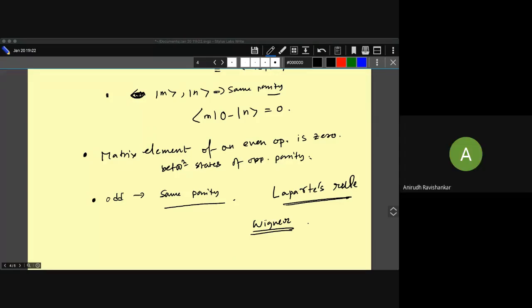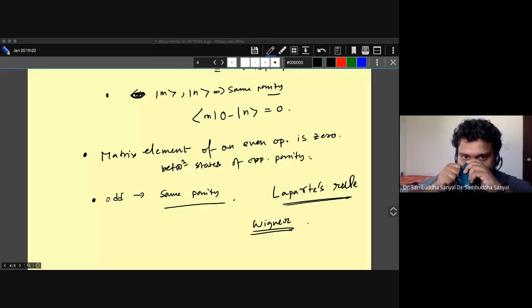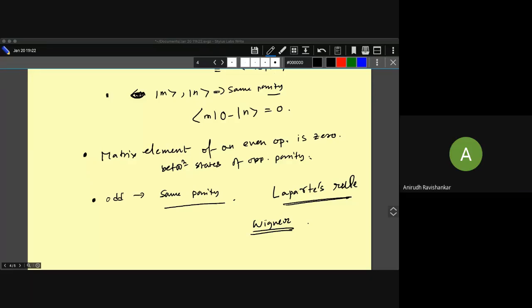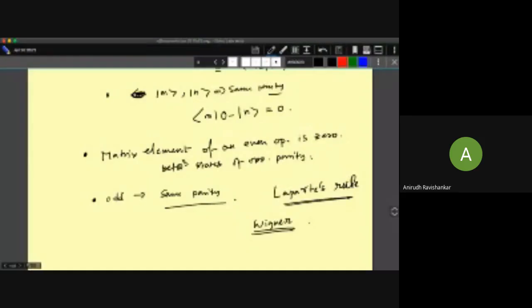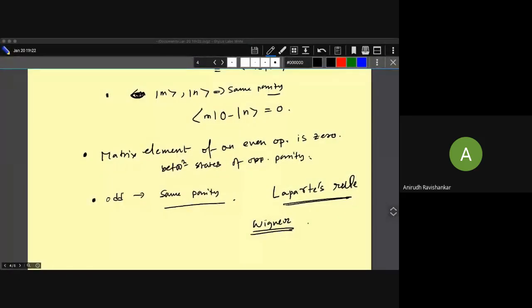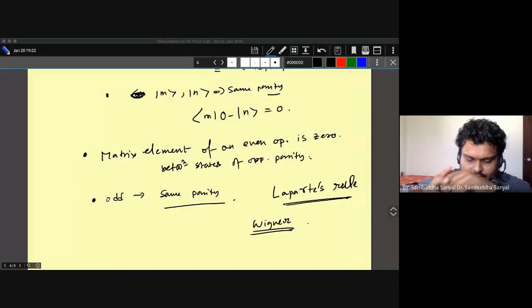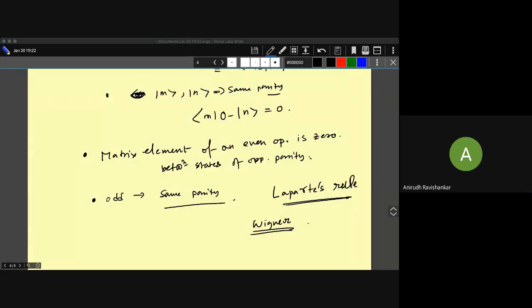I had a question about time reversal. Why do we not define time reversal as just time evolution with minus t? We do, right? In time reversal, we flip the sign of t. But in the operator form, it's not like we just substitute minus t in the time evolution.